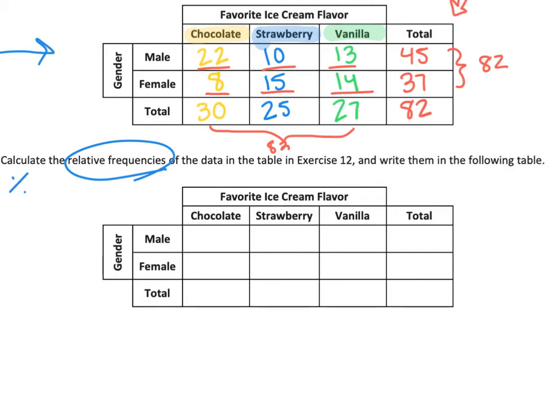So we had 22 male students who liked chocolate. So for chocolate, it's going to be 22 of them out of how many total students are there in this survey? 82, right? Okay. 22 divided by 82 in my calculator is 0.268.